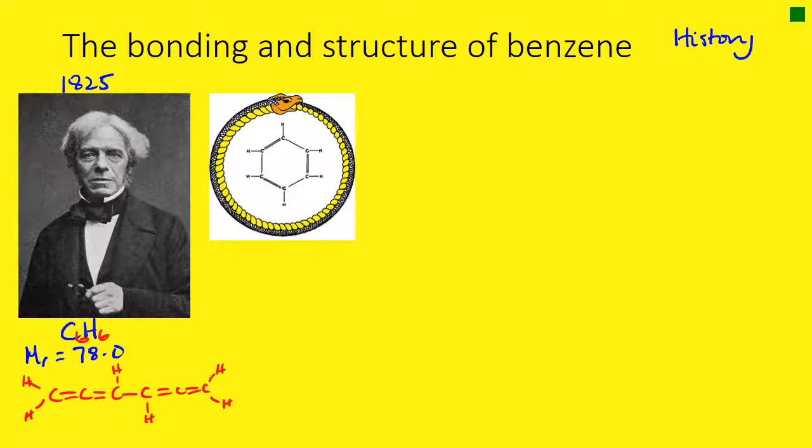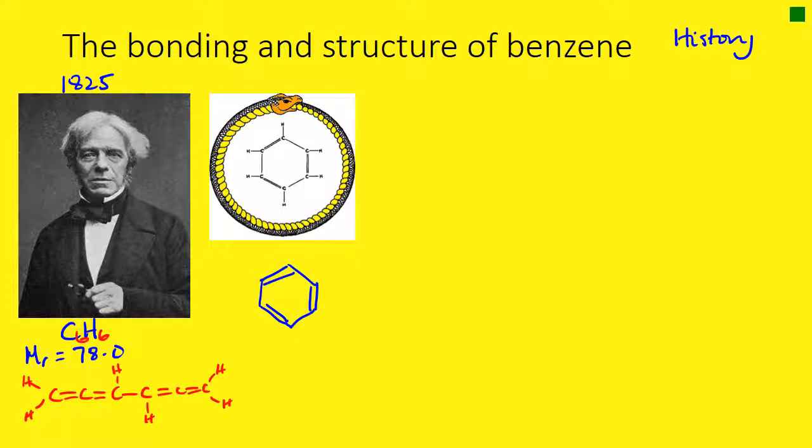I'll just draw it out slightly larger so that we can see it. We have double bonds on alternate carbons like this, and each vertex has 1 hydrogen on it, which I won't draw. This is just a skeletal formula, and it still didn't react as you would expect it to react, given that it's got 3 double bonds there.